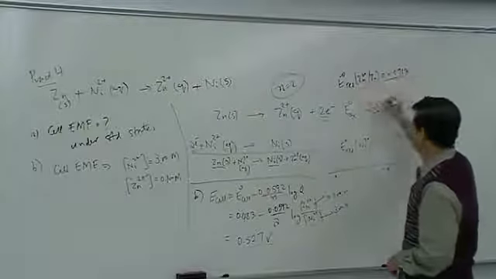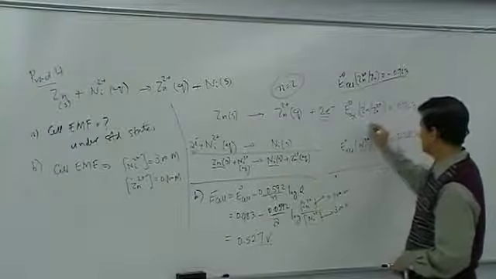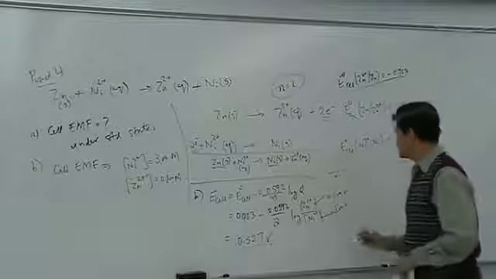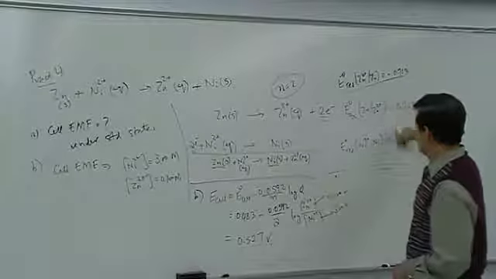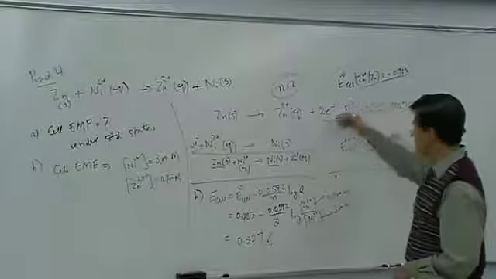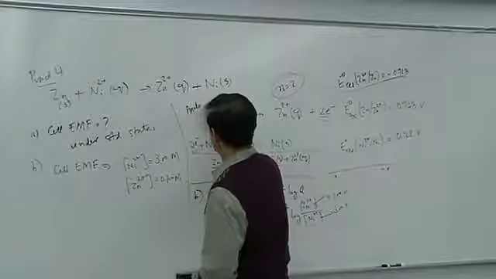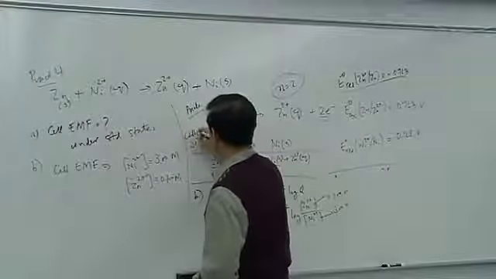But we had to convert that to zinc 2 plus, oxidation. And that's why the sign got changed, the number remained the same. When you add these 2 numbers, oxidation, this is the anodic reaction, this is the anode, where oxidation takes place. This is the cathodic reaction, where reduction takes place.